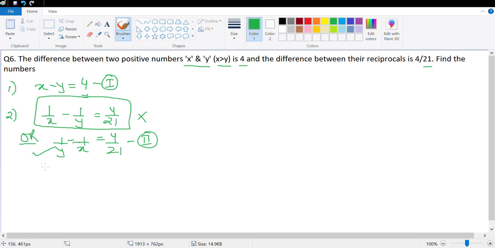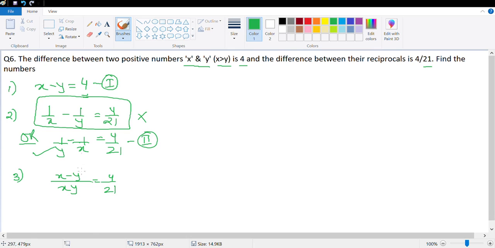Now we need to figure out how to solve this. If I take 1 by y is equal to a, 1 by x is equal to b, I will have two new variables a and b, and I will have x minus y. So let's try and take the LCM and see if we can convert it into a quadratic. The LCM will be xy. This would become x minus y over xy, which would be equal to 4 upon 21.